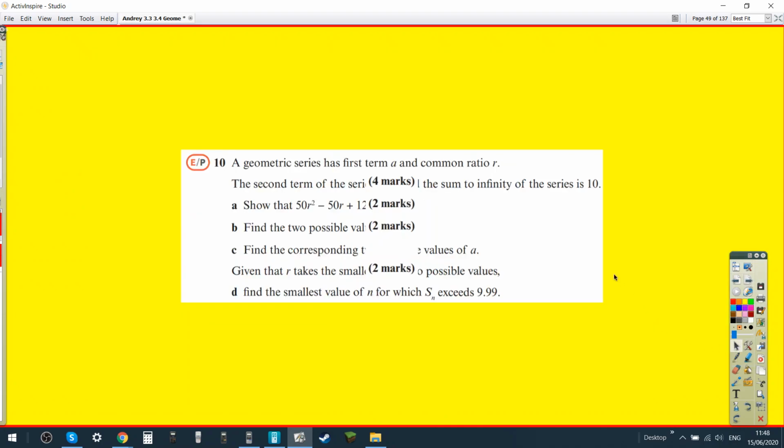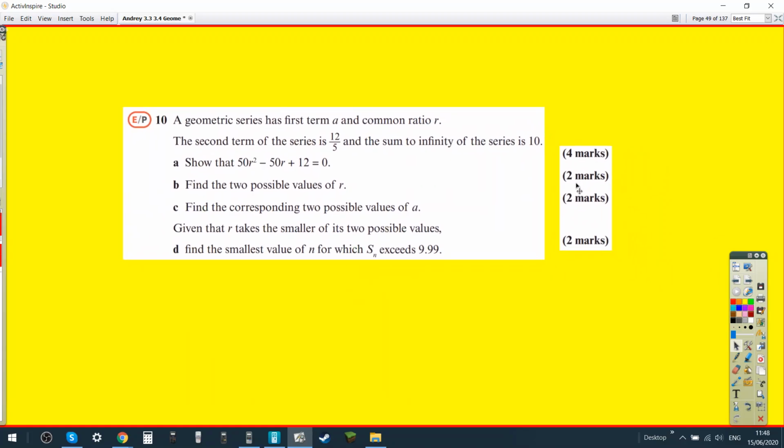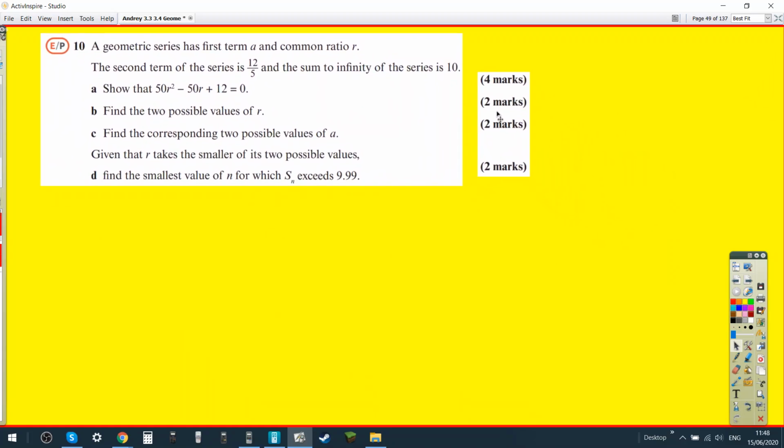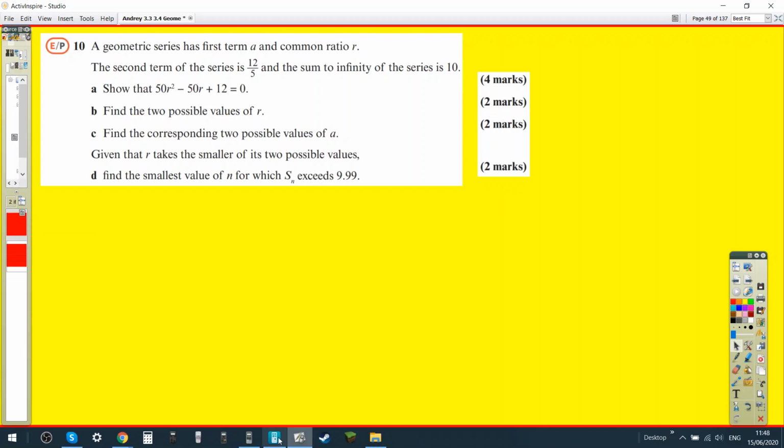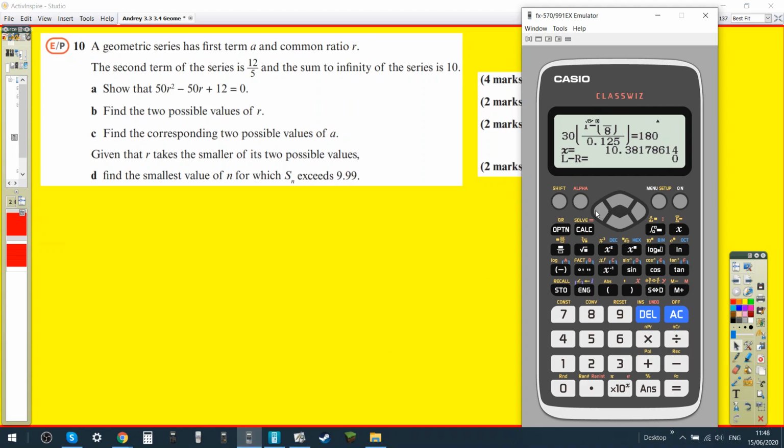Okay, let's see. The second term is this. The sum to infinity is 10. Okay, let's do part A. So AR is equal to 12 over 5.